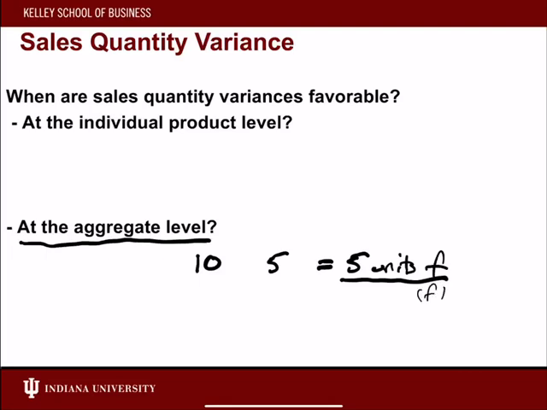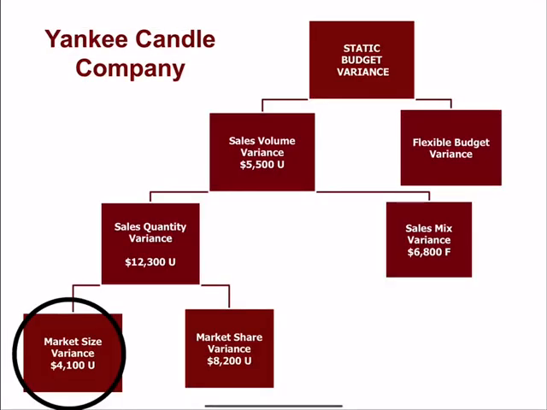So don't worry about all of that. Just know that at the individual product level, you'll have favorable variances anytime your actuals are greater than budget. At the aggregate level, same thing. You'll have favorables anytime your actuals are greater than budget. But the aggregate level will just change based on some of the properties of each product. So that's basically it. Sales quantity.